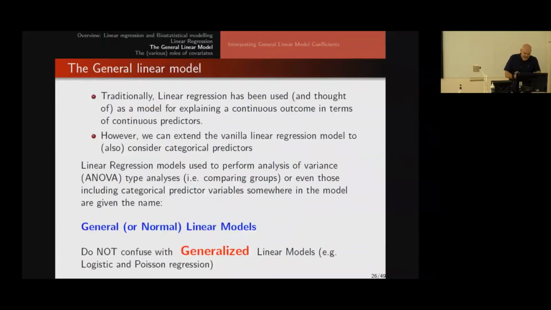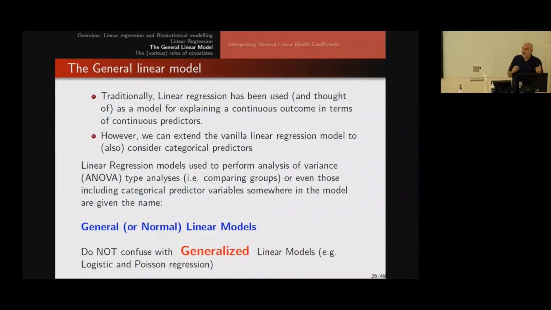Now, the last thing I want to talk about before we finish is how does this all fit into the ANOVA problem? And can we marry these two models, linear regression and the ANOVA model? So traditionally, and particularly in some fields, if you hear the word linear regression, I certainly do.